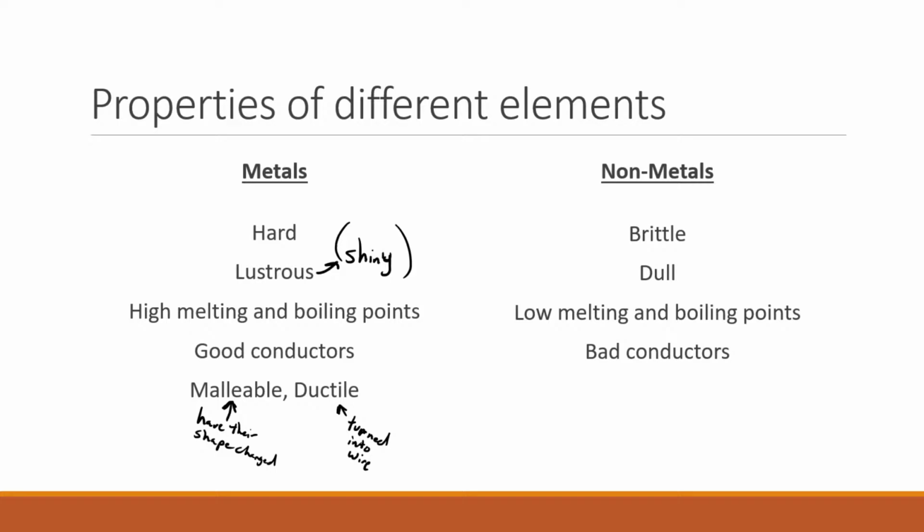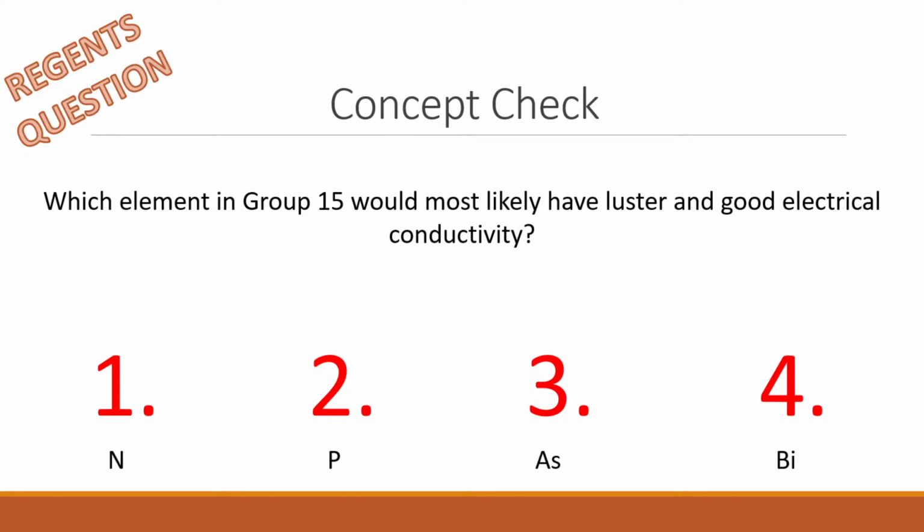And that carries forward. If I ask a question like this, which element in group 15 would likely have luster and good conductivity? When we look at a question like this, we're looking for which one of these is a metal.